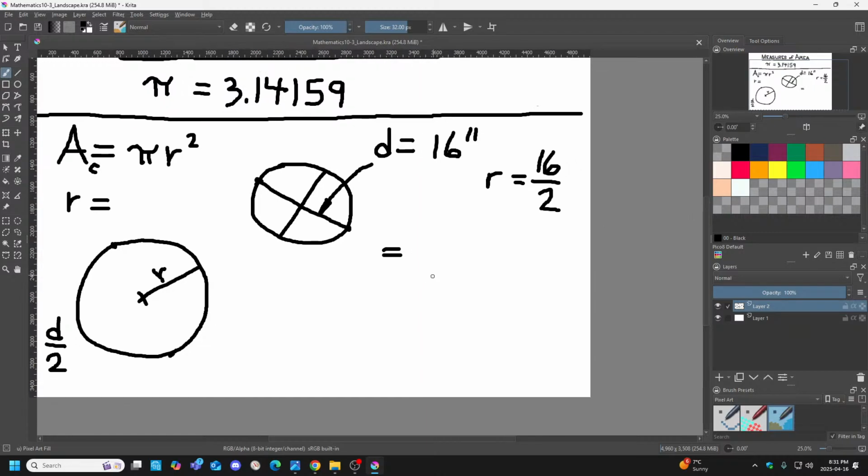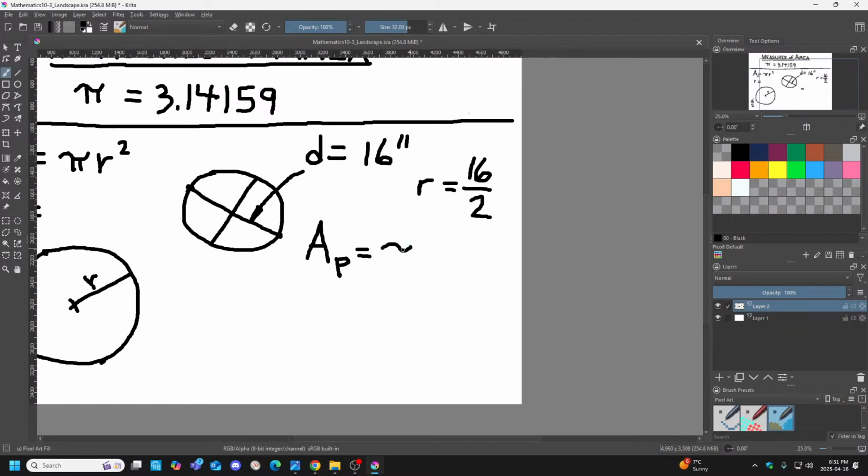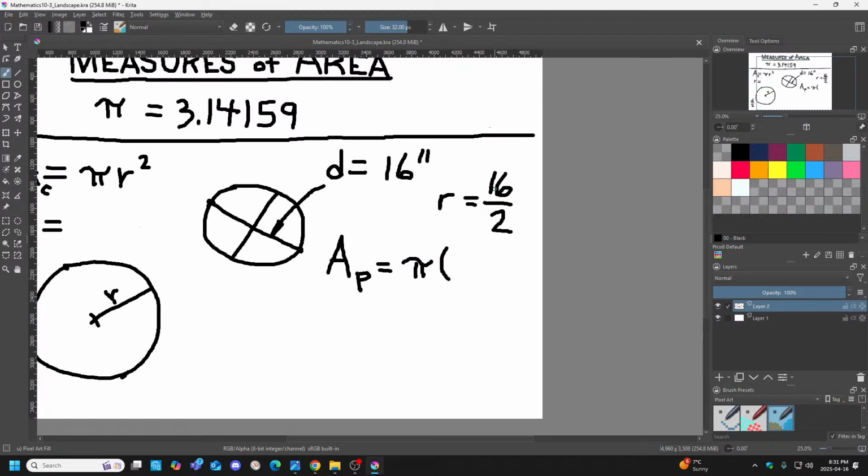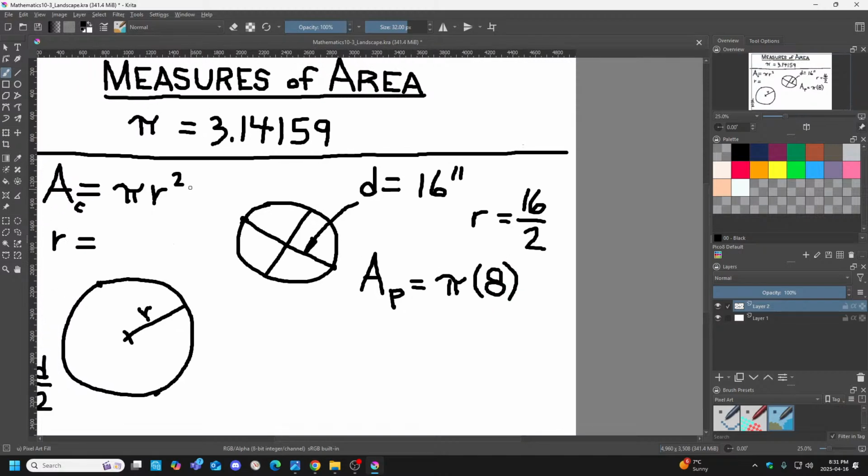Okay, so hang on. I'm going to go area of the pizza is equal to, I'm going to use brackets. I should have moved this up a little bit higher, but that's okay. So it's 8, and remember, it is also squared.